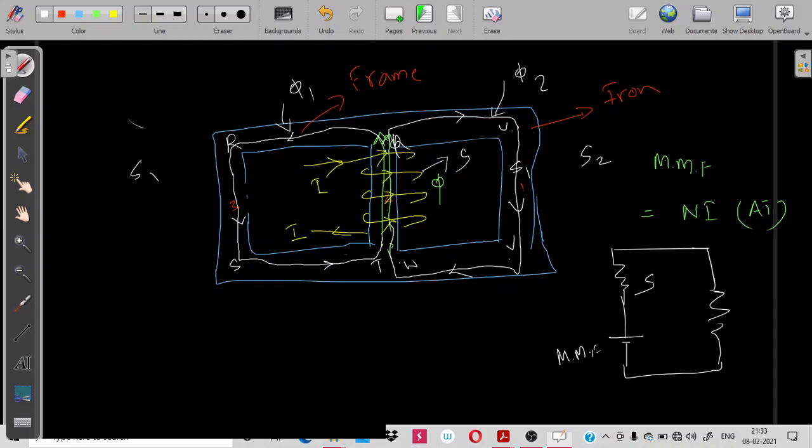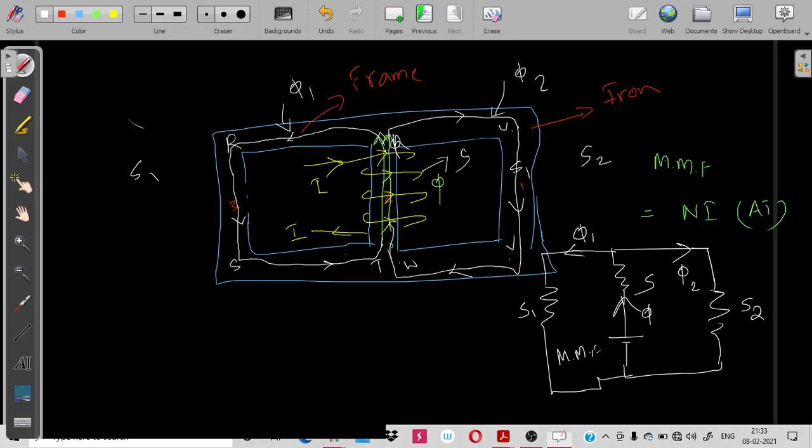Yes, this is S1, and on the other side, sorry, this is S2 and this is S1. I'm naming this phi, and here I have phi 2, and here phi 1.